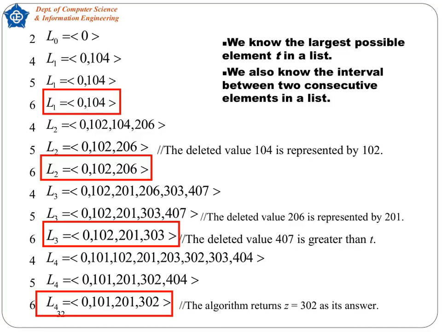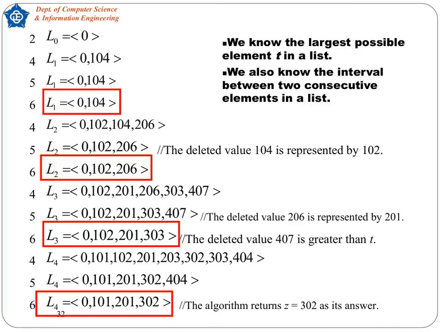At L3, we introduce 201, 303, and 407. Because 206 is too close to 201, we replace it with 201, and since 407 exceeds our target t, we discard it. This leaves 0, 102, 201, 303. Finally, in L4, we insert 101, 302, and 404.